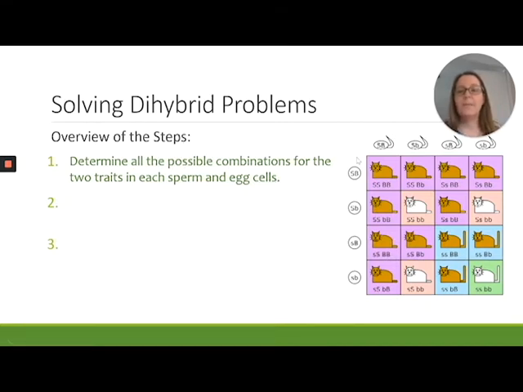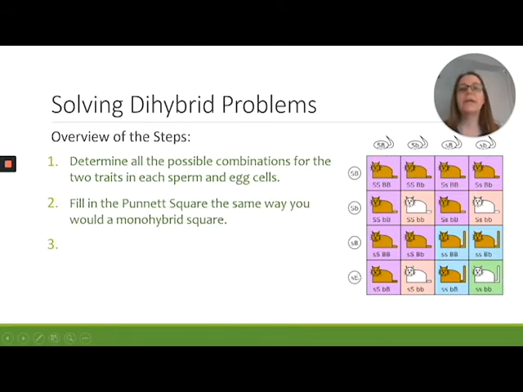We'll talk about that. After you figure out what goes on the top and the side of your Punnett square, then you have to fill in your Punnett square. This will work very similar to the monohybrid cross, but I'll give you some tips to help you keep things straight without getting all mixed up. All right.